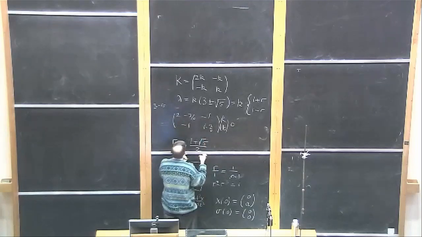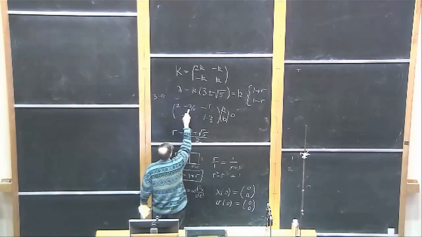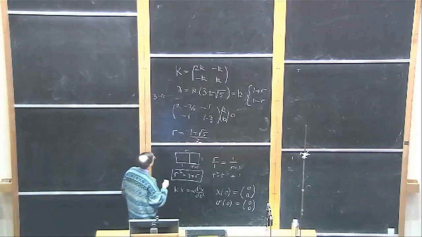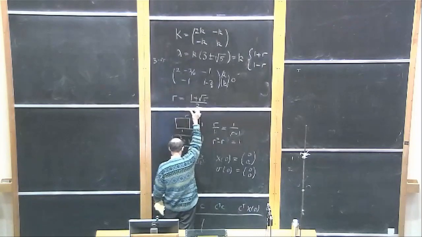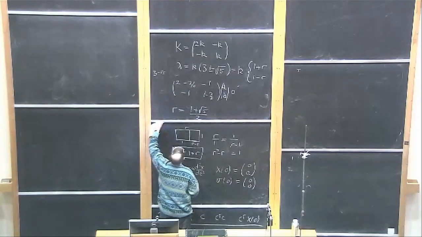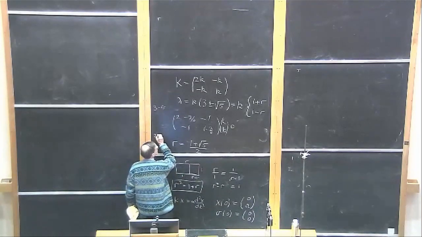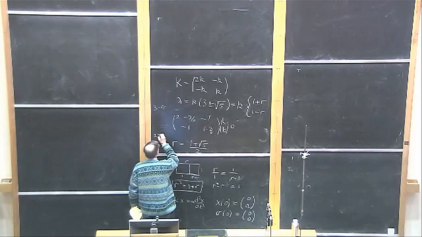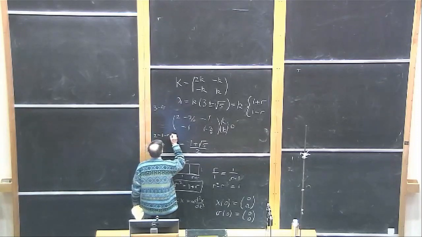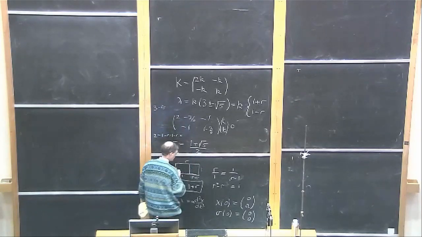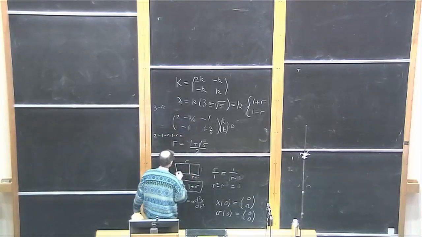So 2 minus lambda over k, where lambda over k is 1 plus r, is minus r. 2 minus 1 minus r, we decided was minus 1 over r.